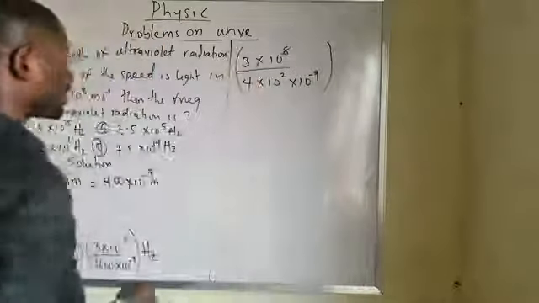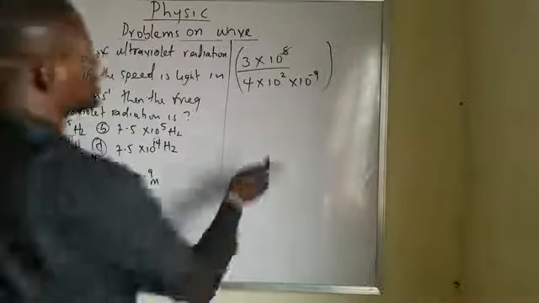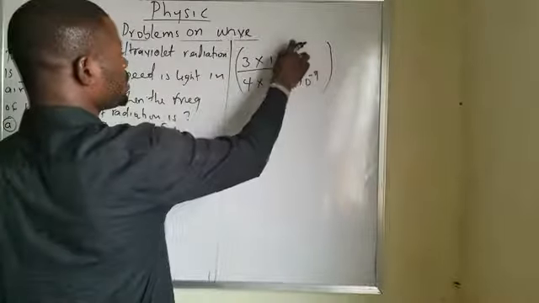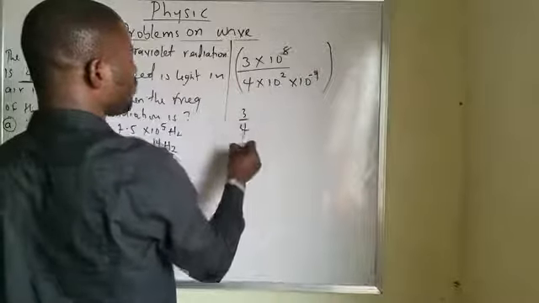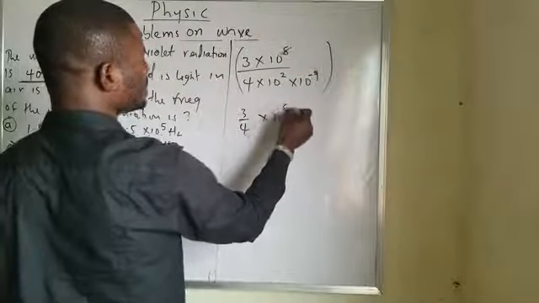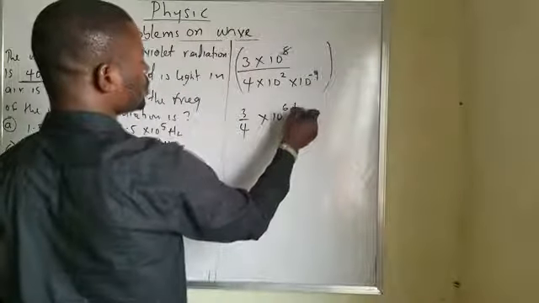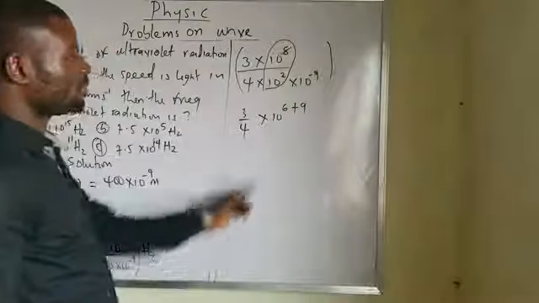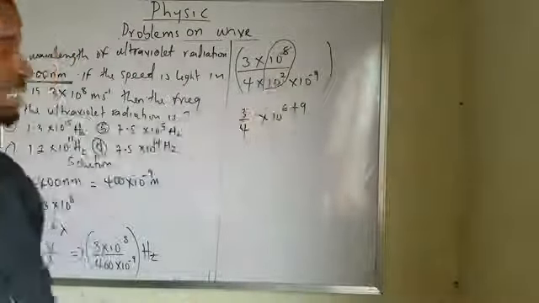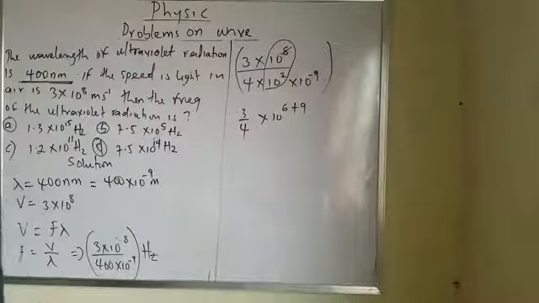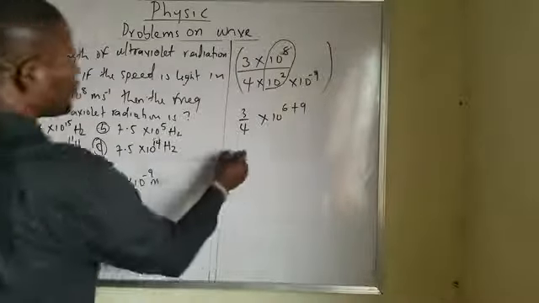Working on the mathematical part: 8 take away 2 is 6. It means 3 all over 4, 10 raised to power 6 plus 9. For your information, this is indices. This divided by this will be 7.5.